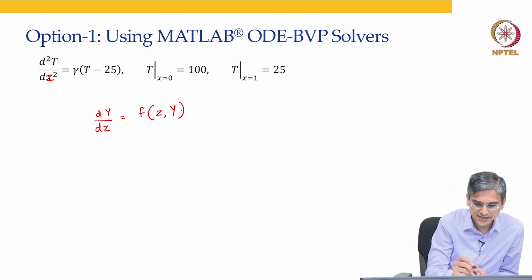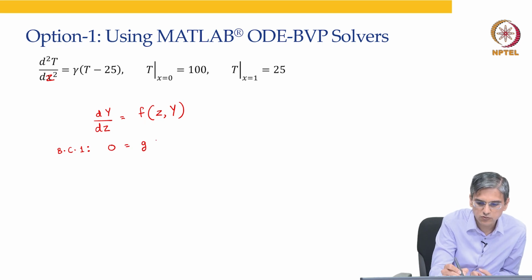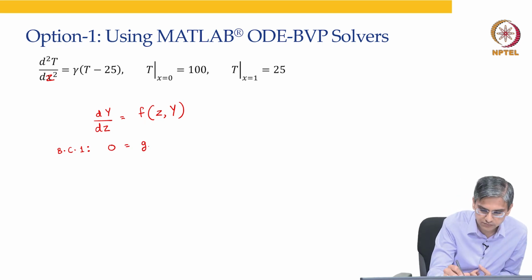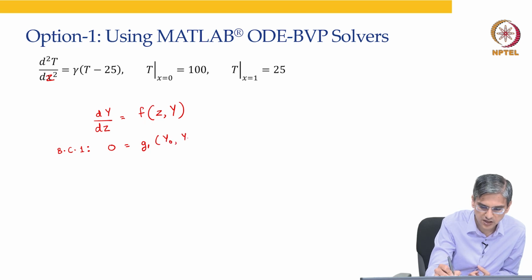The next thing is boundary condition 1, which is 0 equal to some function g1 of y0 comma y1.